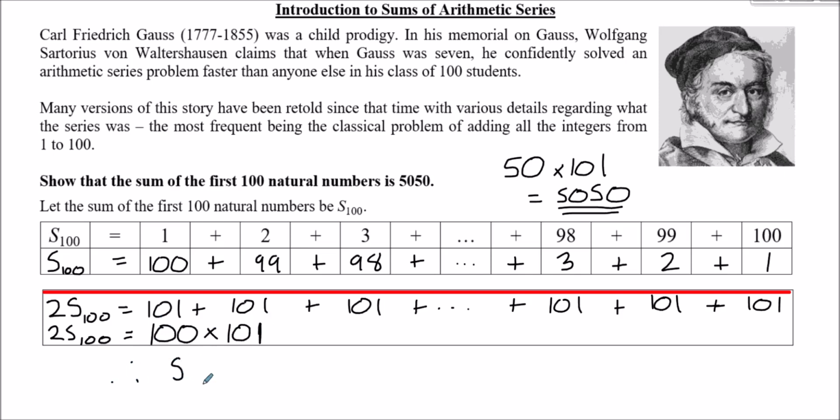So therefore the sum of the first 100 numbers, we can divide both sides of this by 2. Now I'm going to leave this in a different form, so hopefully we can see the link for later. So 100 over 2, okay, and then 101 we could think of as 1 plus 100.